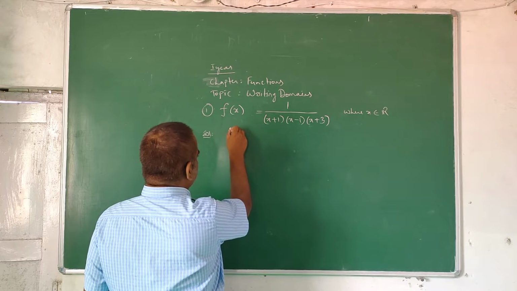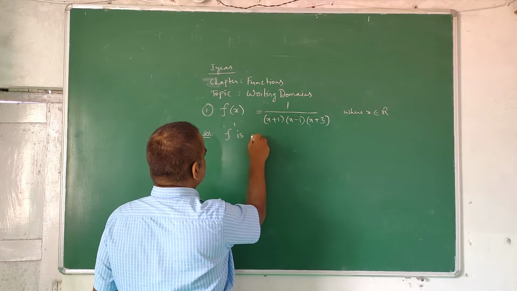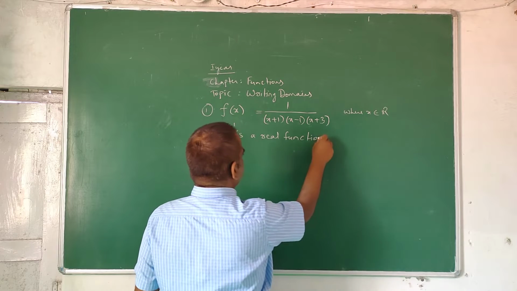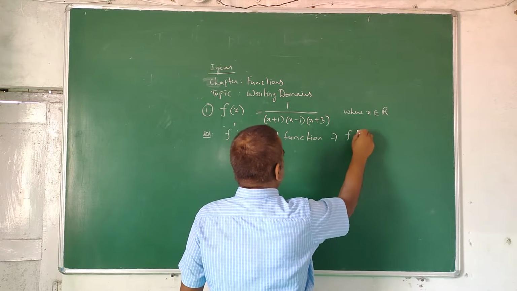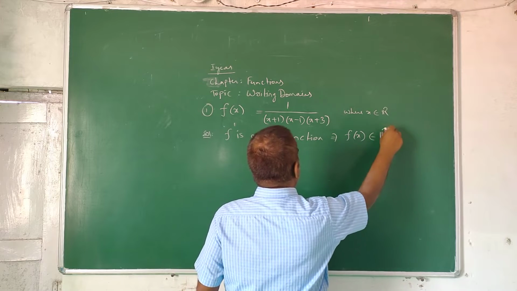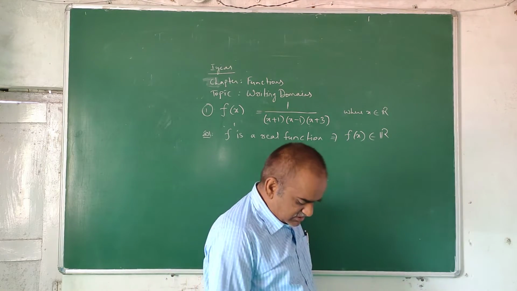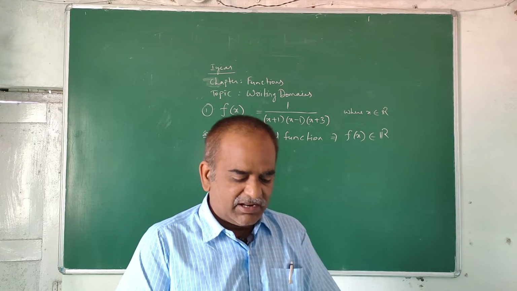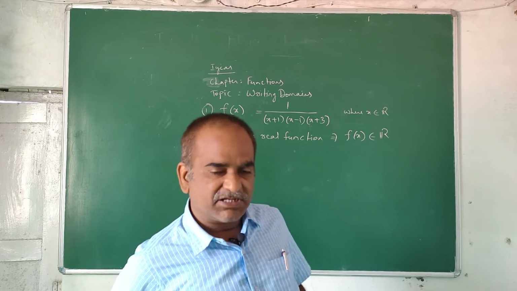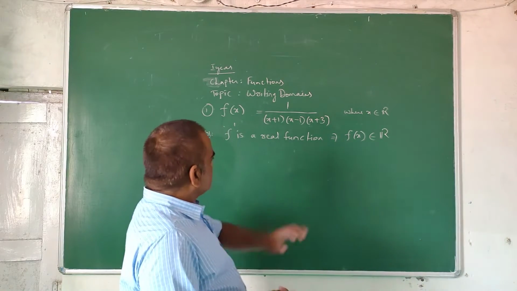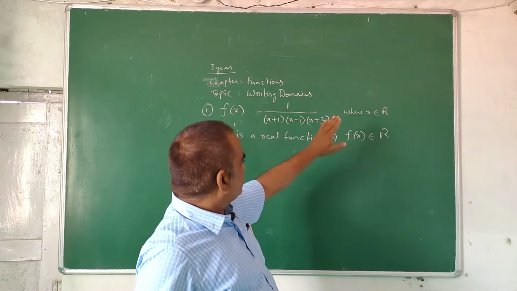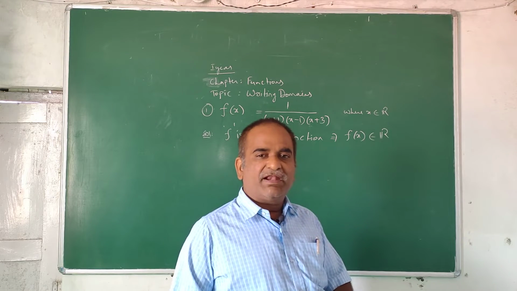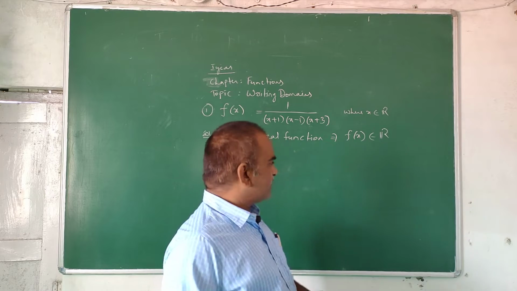As f is a real function, this implies f of x is a member of R. In real function, both the domain and codomain are subsets of R. That we have already learned when we are discussing its definition, right? So yes, this is a real function where x belongs to R, f of x also belongs to R, because for real function, domain and codomain both are subsets of R.